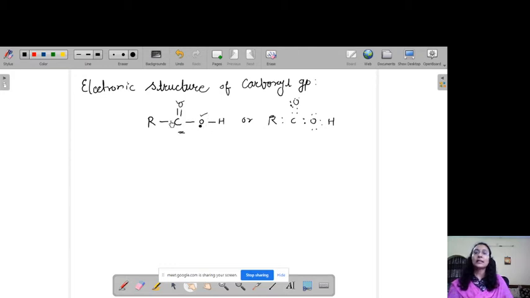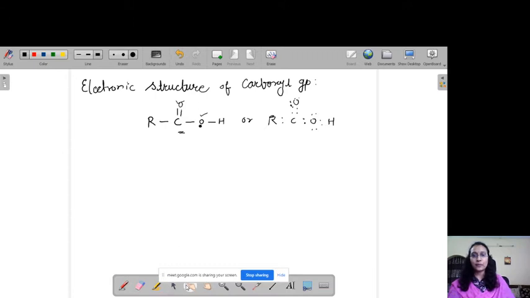The remaining free valency of the carbon atom of the carboxyl group is satisfied either by hydrogen or by any alkyl group. Therefore the electronic structure of the carboxylic acid group is like this.